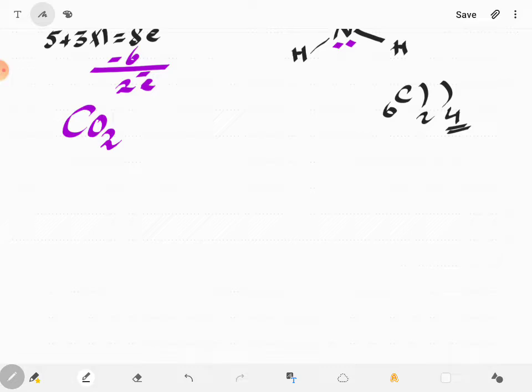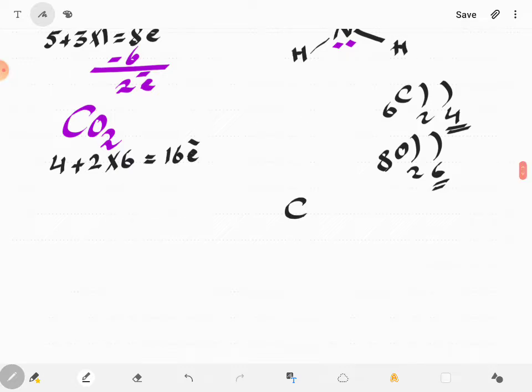We said oxygen is group 6A, 6 electrons. If you don't know the periodic table, write it like this, 2, 6. So it has 6 electrons outside. Calculate the total number of valence electrons: for carbon 4 plus 2 by 6 for oxygen, so 12 plus 4, total 16 electrons. Which one is the central atom? Carbon.